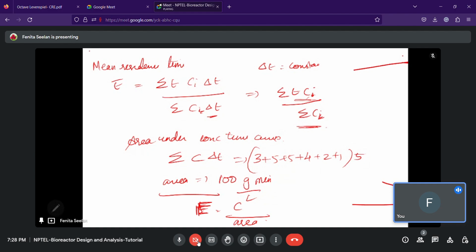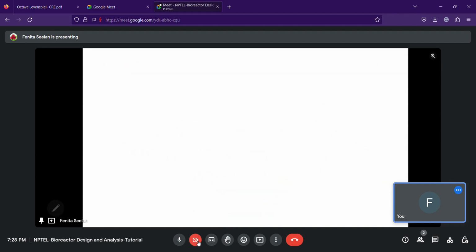Please go through the lectures if you have forgotten these terms. So you have to calculate for each individual concentration what the E value is. So we'll make a table. Let's keep it as E, C by area.